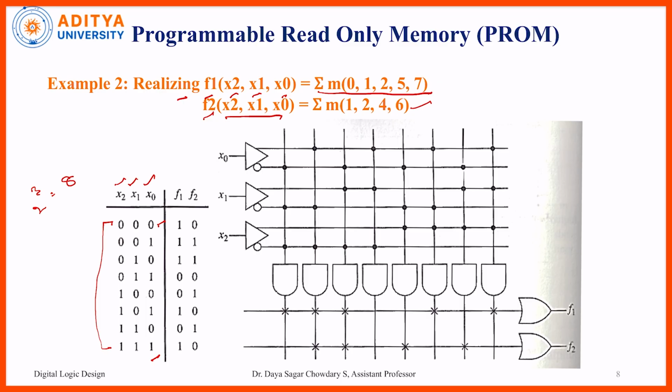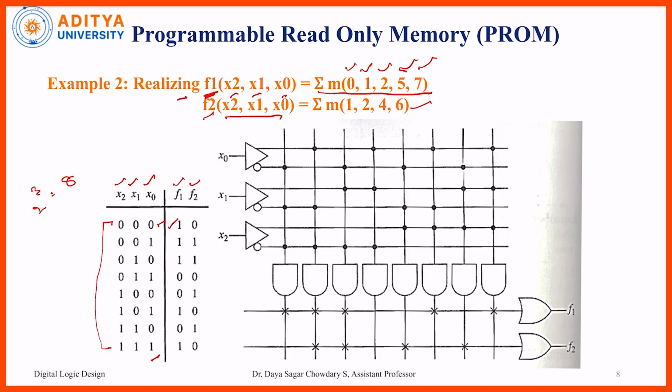At the same time, the functions f1 and f2 are the outputs here. f1 contains m0, m1, m2, m5, m7. All these are min terms. Wherever a min term is present, we have to place 1 for the corresponding input.